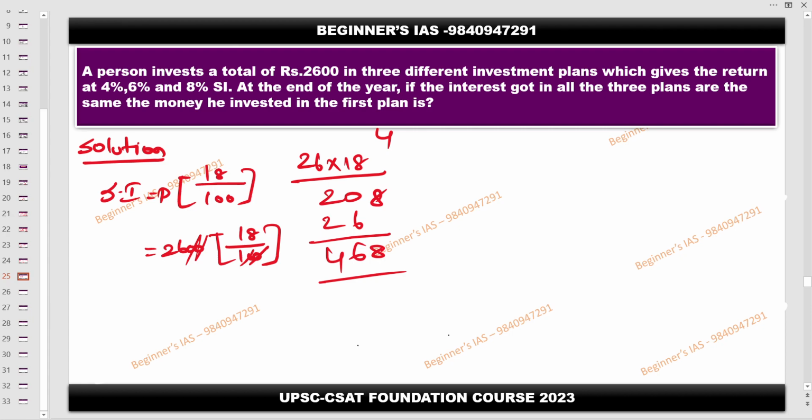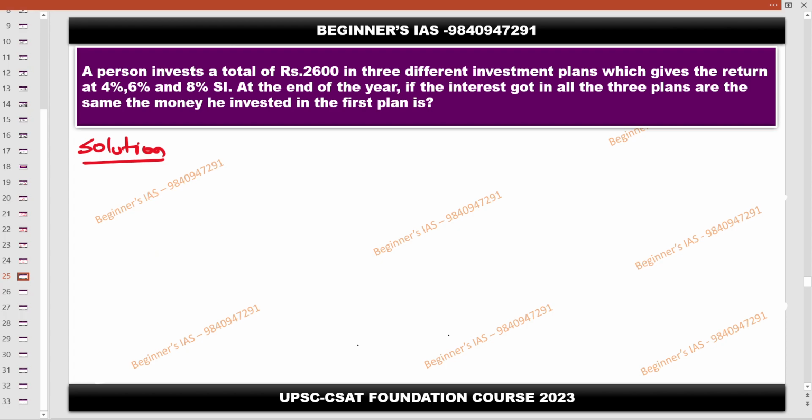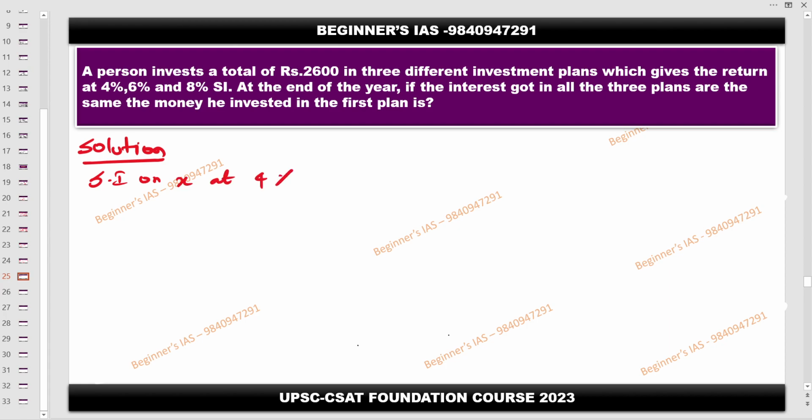So let us do one thing. Here the question is dealing with all the three plans being the same. So let us take one thing. The simple interest on x at 4%.